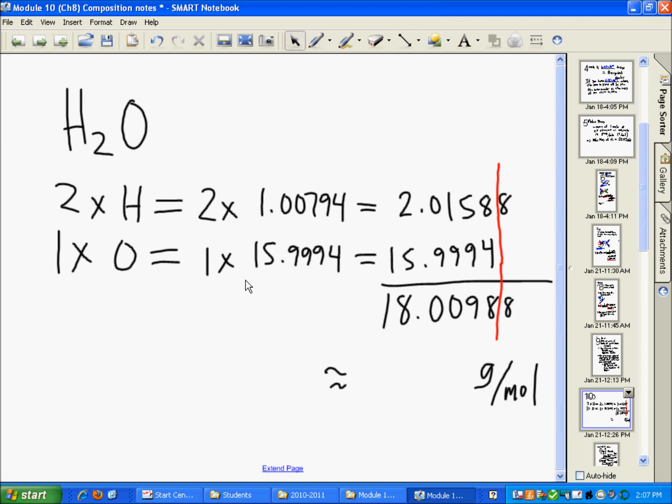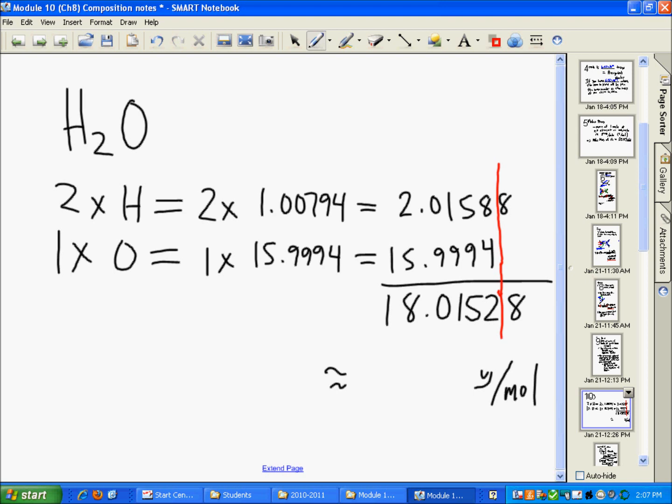Rachel's answer sounds familiar to me, so I'm thinking Rachel's answer is correct. I think I forgot to put the 1 8 in there. So it's 18.01528. Okay, that looks better.